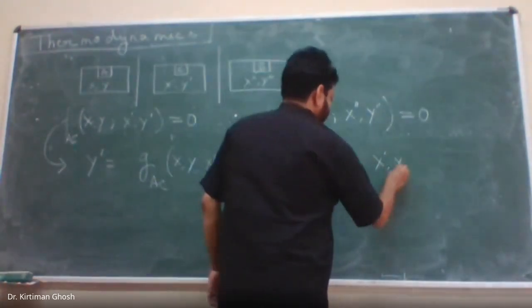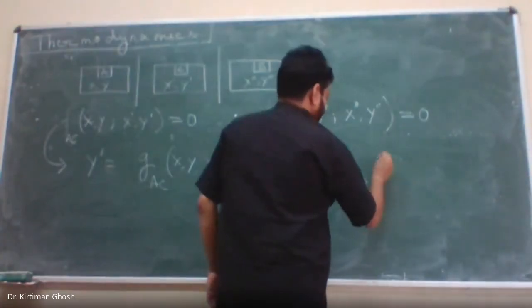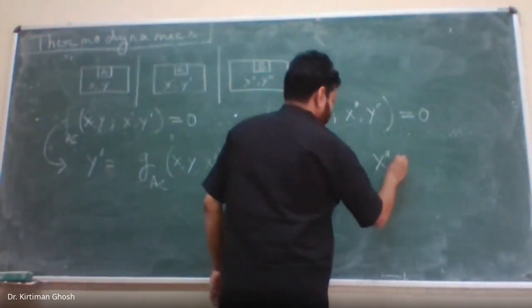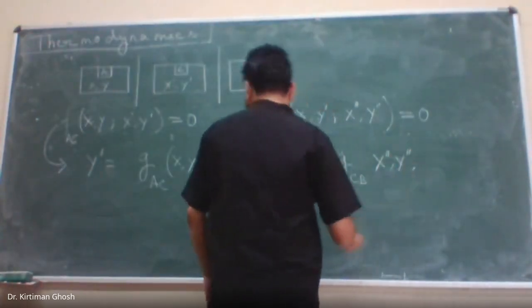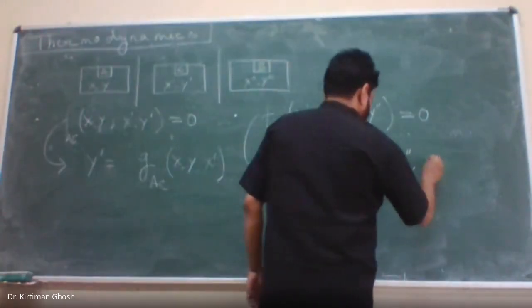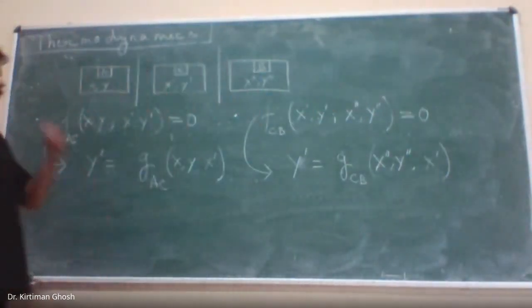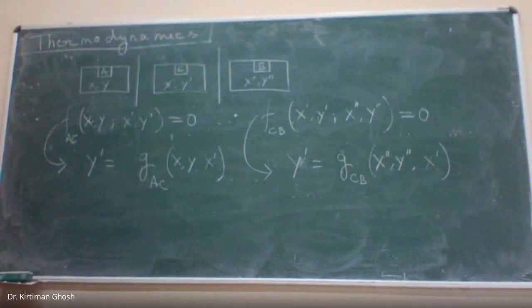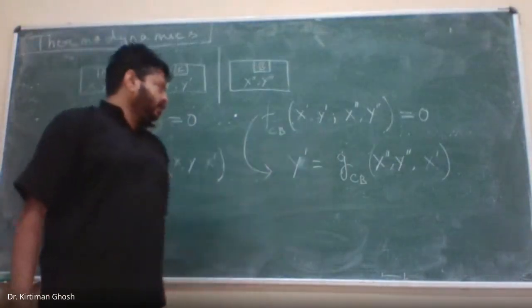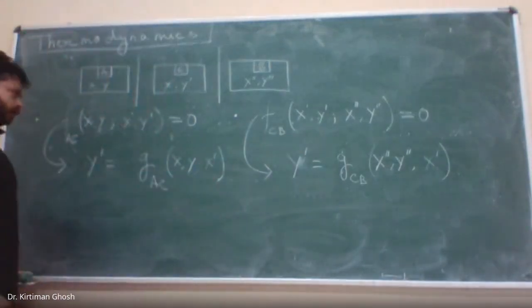a function of x prime, x double prime, y double prime. So I can solve for y prime from this equation, and I can also solve for y prime from the other equation, and I will get these two relations.